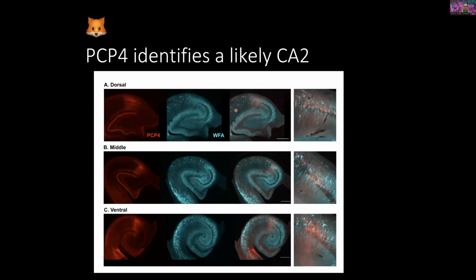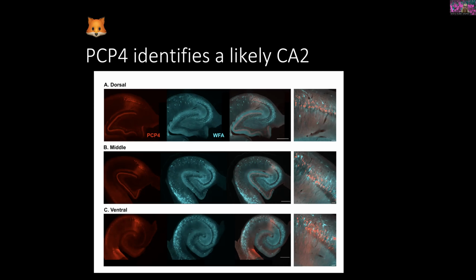So here is the WFA stain with the PCP4. And again, you can see these are outlined with the WFA and all of these areas here. But notably, we do have a PCP4 stain, and this is really deeply ventral, as far back as I could cut the sections.